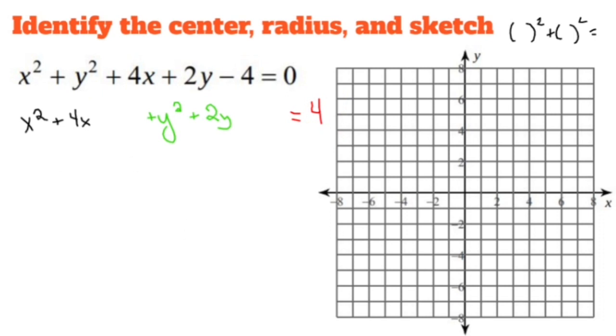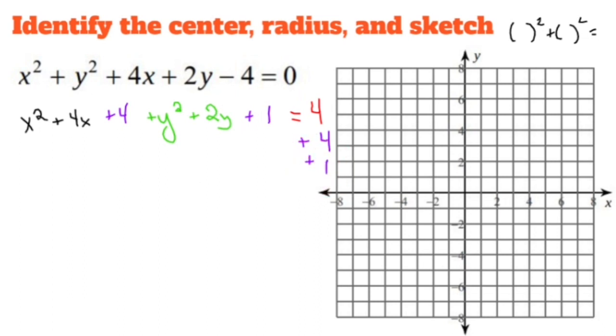Now I'm going to use completing the square twice to make this look like that. In order to complete the square for this part right here, I take half of the number in front of x, 2, square that, 4, and add that to both sides. I'm going to do the same thing right here. Take half of 2, 1, square that, 1, and add that to both sides.